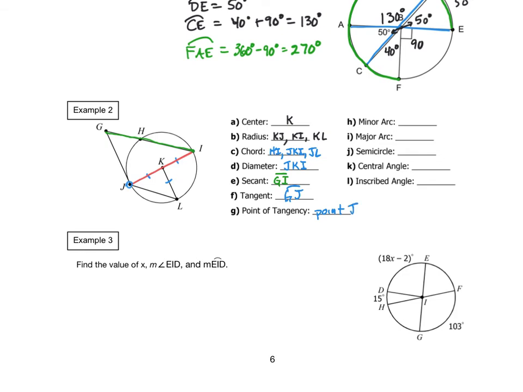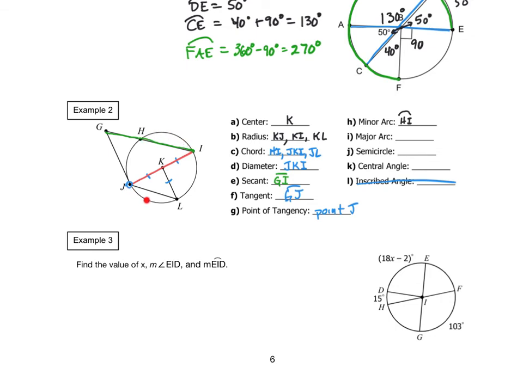Let's see, what else do we have? Inscribed angles. Gosh, we haven't covered those yet. Let's go ahead and cross those out. Minor arc. Minor arc is going to be an arc less than 180 degrees. Several to look at. One easy one might be arc HI, because clearly it is less than 180.